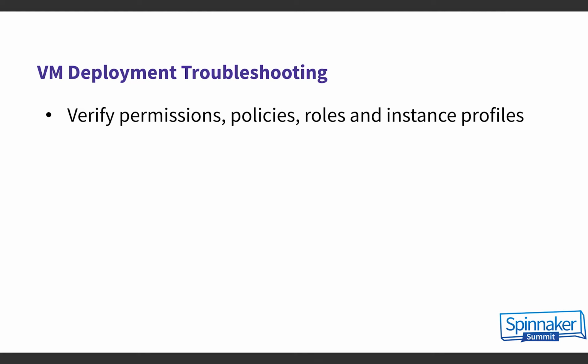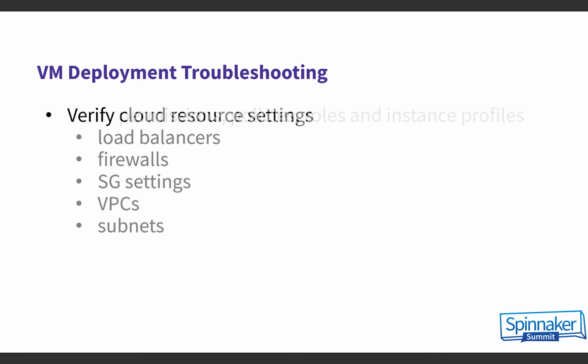Going back, again, permissions, policies, roles, and instance profiles. Double check, triple check, make sure you have the right SGs and all of that. Again, these are all the other cloud resource settings that you can take a look at: the load balancers, firewalls, VPC, subnets. It's a complex world.